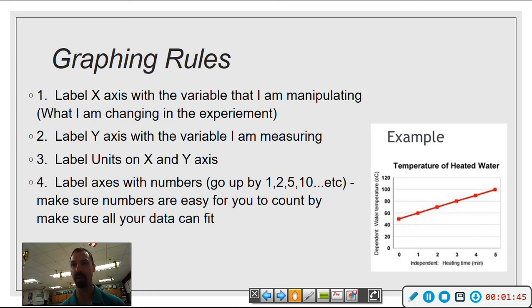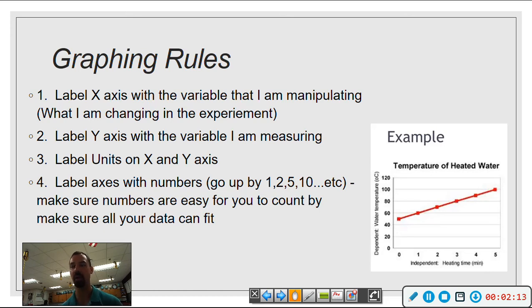Okay, so properly labeling units also. In parentheses, you should have the units next to whatever you've labeled. So this is in minutes, and this is in degrees Celsius on the y. Also, pick numbers that go up easily, and you don't have to start with 0 all the time. You can start with the lowest data number if it works, but do go up by easy numbers.